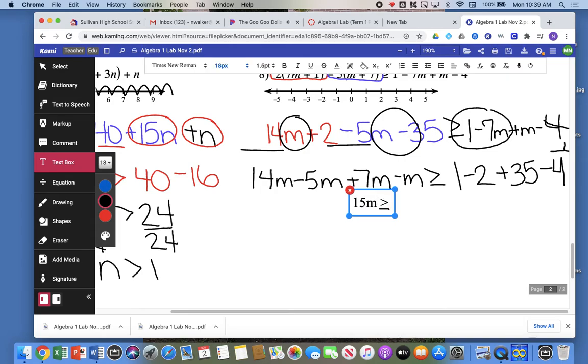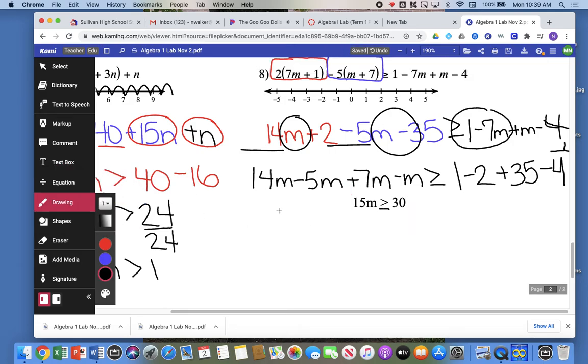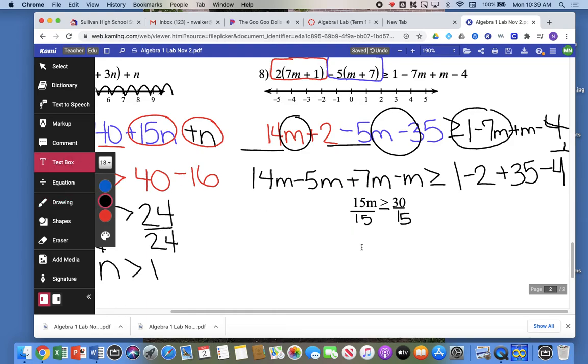That's fine. But we do have to say, 1 minus 2 would be negative 1. Plus 35 is 34. Minus 4 gives me 30. So on this one, I am going to divide by a positive 15. So we got m. Do I flip or keep it the same since I divided by a positive?